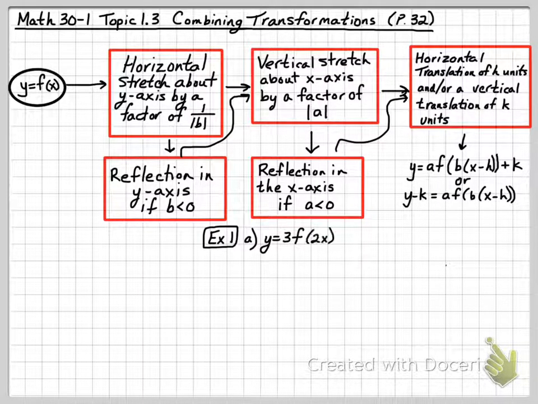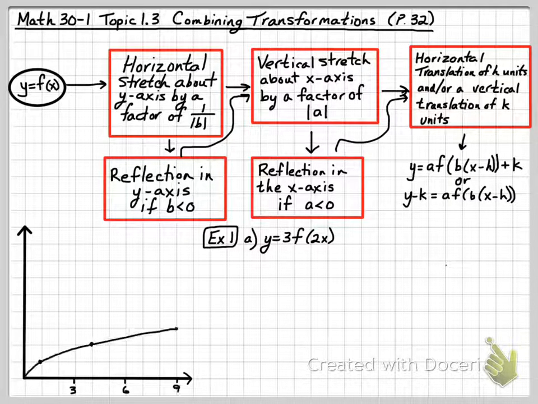So in example 1, we're going to look at the transformation y equals 3 times f of 2x. If we give you a graph with these ordered pairs, (1, 1), (4, 2), (9, 3), we're going to transform it into y equals 3 times f of 2x. And that's going to take 2 steps.